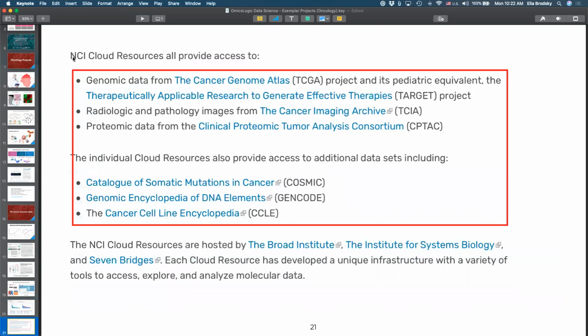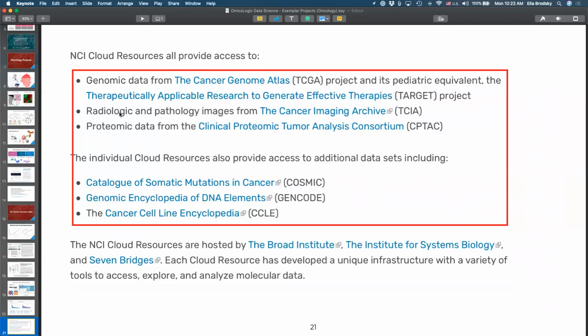Also, NCI, the National Cancer Institute, provides us with the data itself, and let's look at what kind of data it gives us, and also it gives us a catalog of different other types of information. So it gives us the Cancer Genome Atlas for adult patients, and then also you have the Target Project for the pediatric equivalent of the TCGA.